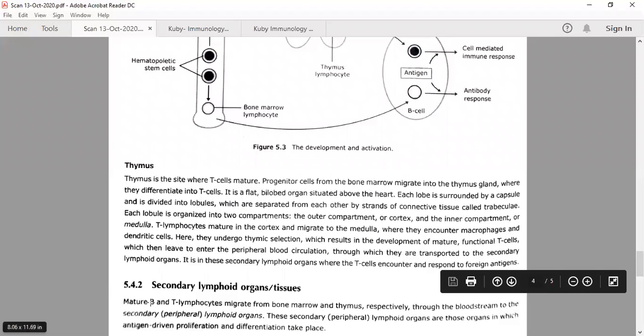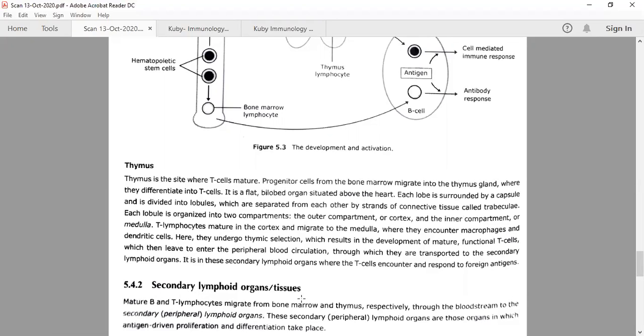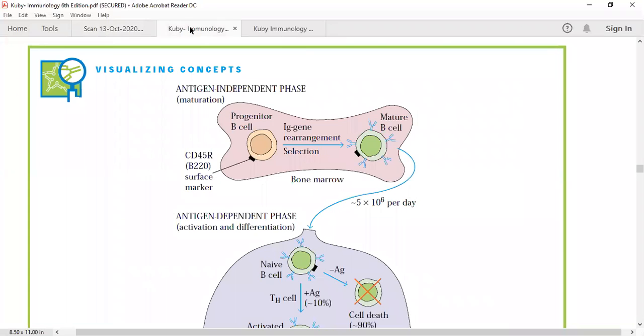Therefore, mature B cells and mature T cells move through the blood into the peripheral or secondary lymphoid organs. Now, lymph nodes we have already discussed. Second is the spleen, which we are going to cover. First of all we will see the structure of the spleen.